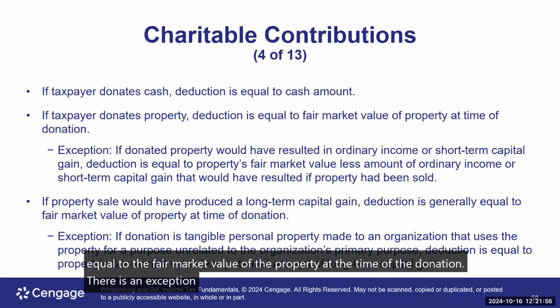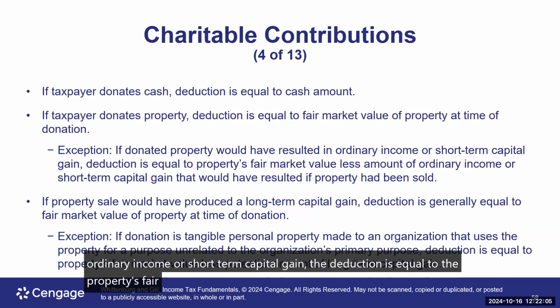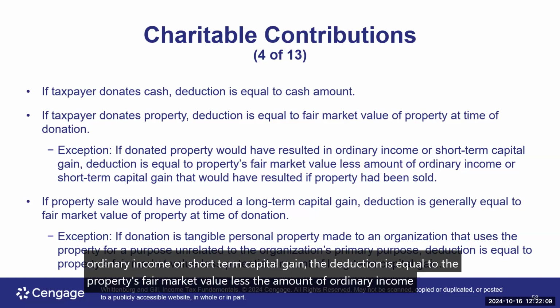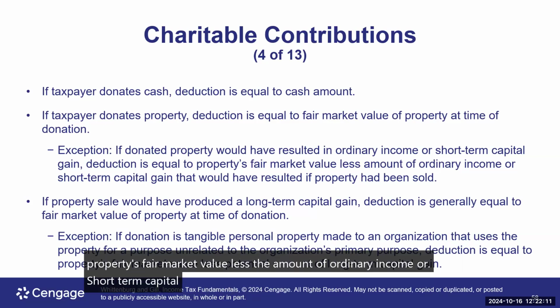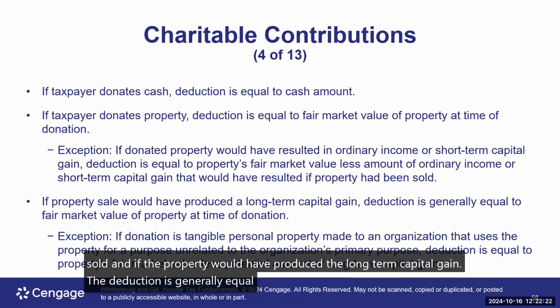If the donated property would have resulted in ordinary income or short-term capital gain, the deduction is equal to the property's fair market value less the amount of ordinary income or short-term capital gain that would have resulted if the property had been sold. And if the property would have produced long-term capital gain, the deduction is generally equal to the fair market value of the property at the time of the donation.